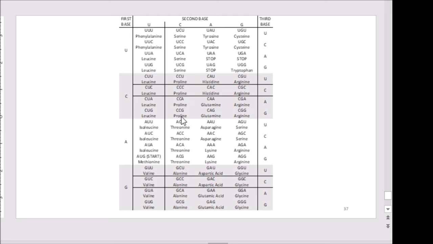So this whole section is C's. These 1, 2, 3, 4 are my seconds. So these are my possibilities, this column here, and then I can narrow it down. So here's my C. We're looking for CCA. So here's the A, and for the third base, I've put all 3 of them here.